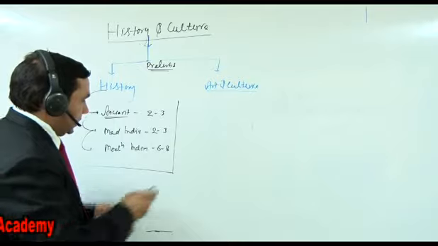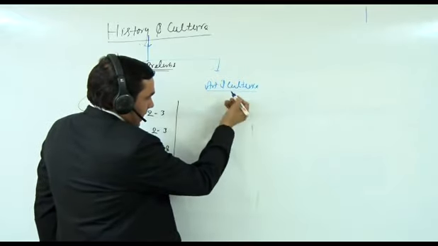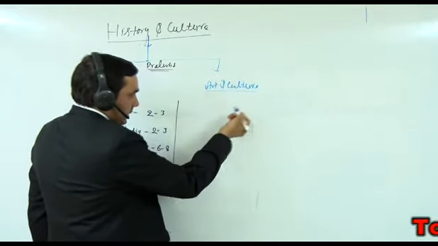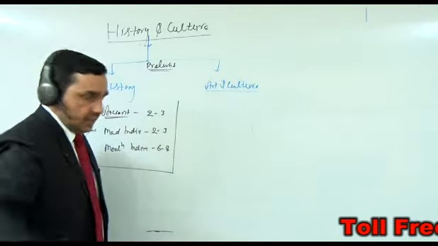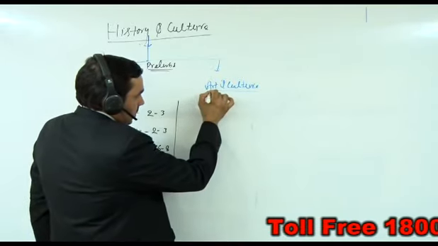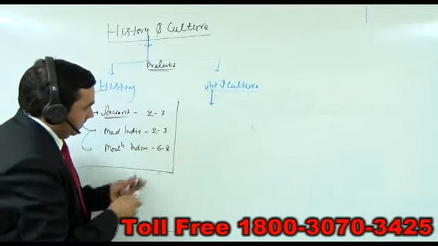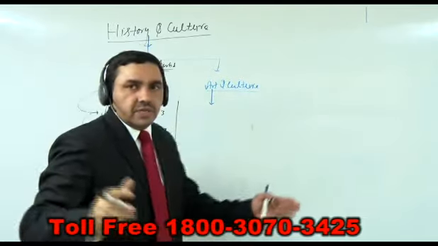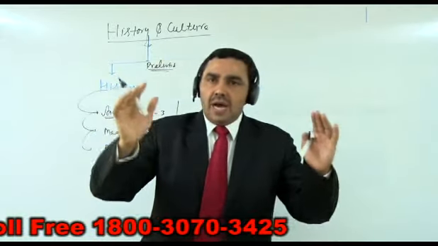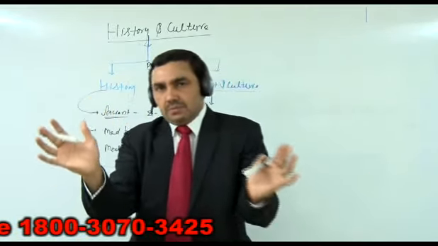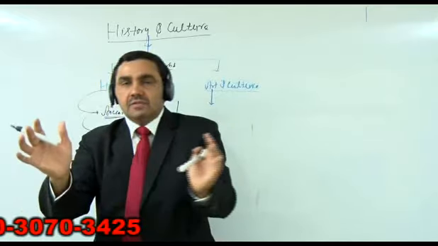When you look at art and culture, if you see what is art, the definition of art itself will give you the idea. Art can be defined as an expression of creativity. So anywhere where you have the expression of creativity, we can put that particular component in the segment of art.